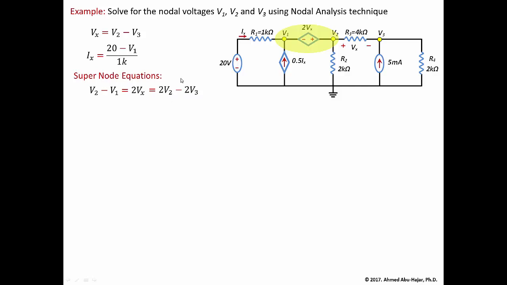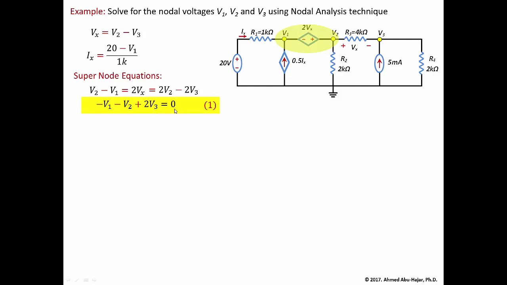The negative 2 times V3 to the other side becomes plus 2 times V3. So when we write the equation, it's minus V1, that's the first term. Then V2 minus 2 times V2 becomes minus V2. And the negative 2 times V3, when we take it to the other side, becomes plus 2 times V3. The sum equals 0.